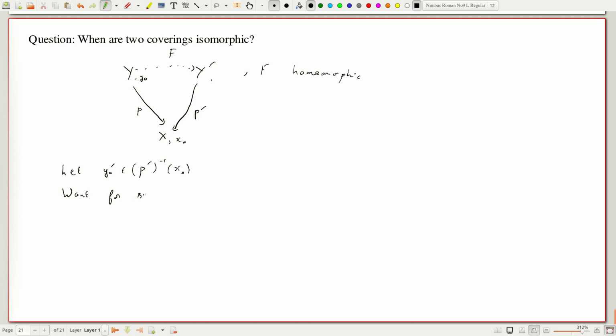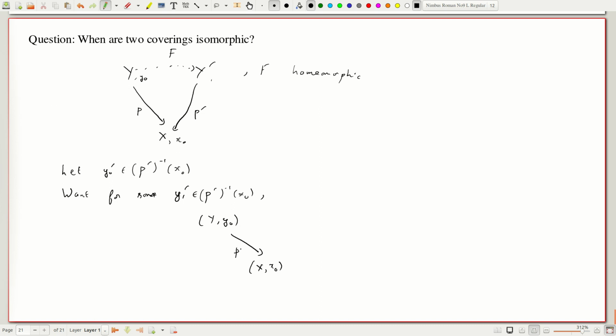And so what we want is, for some y1 prime in p prime inverse of x0, we want y0 goes to x. We have x0.